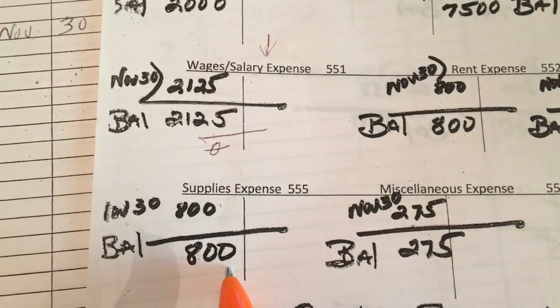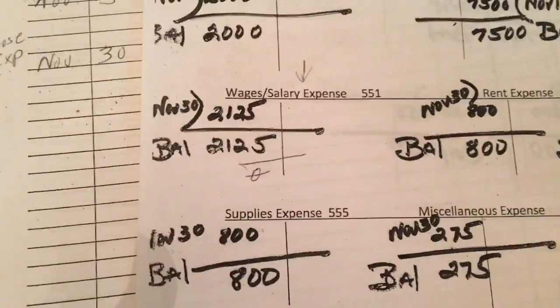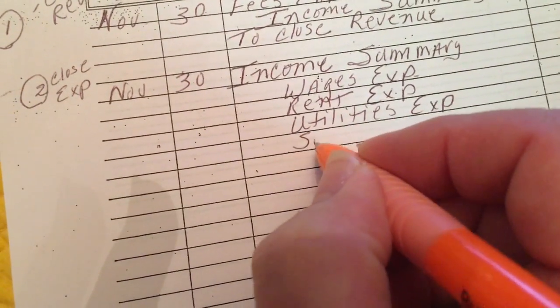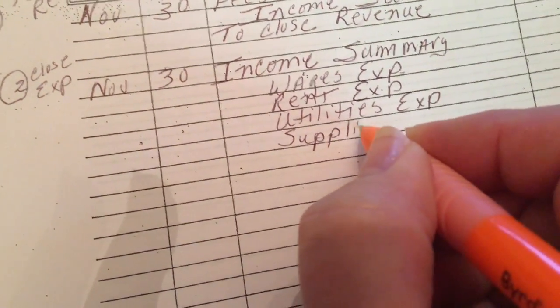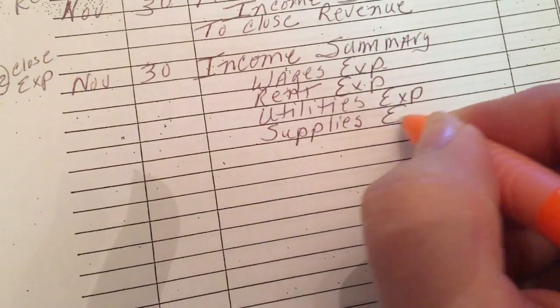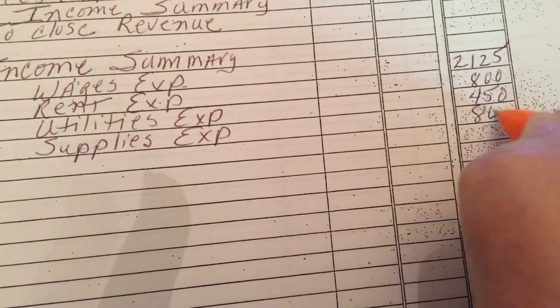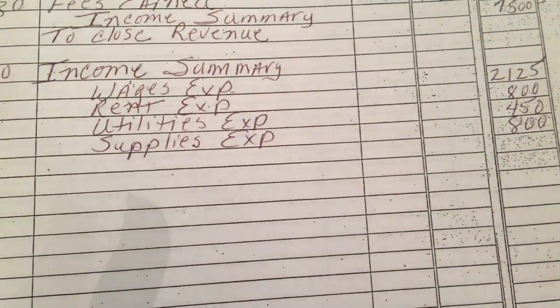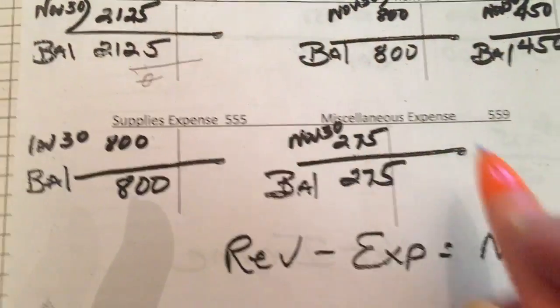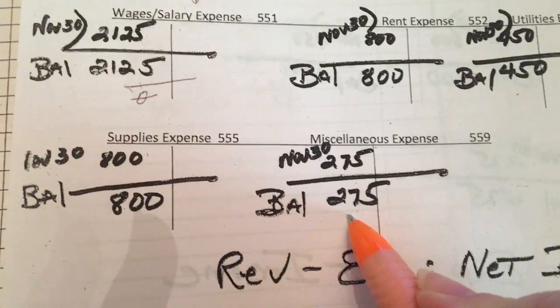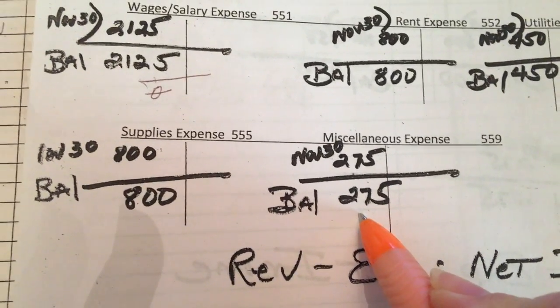Next row we have $800. We want to credit that. That's for supplies. Okay. Next we have miscellaneous, $275.